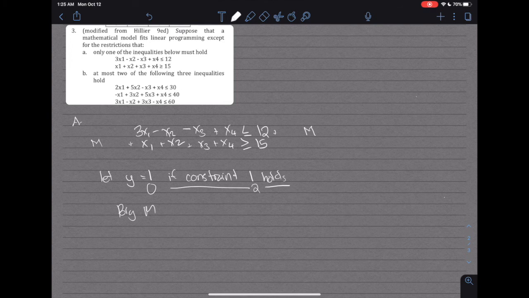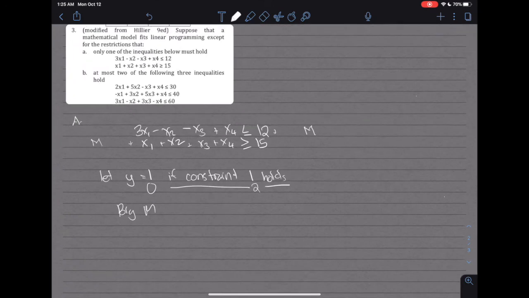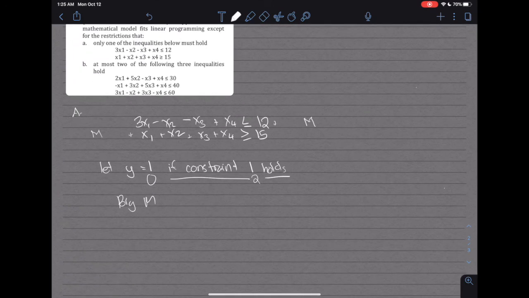Notice again that we let y equal to 1 if constraint 1 holds, which means if y is equal to 1, constraint 1 should be an active constraint and constraint 2 should be a redundant constraint. So we model this by adding a coefficient of 1 minus y to M in constraint 1, and to constraint 2 adding the coefficient y.